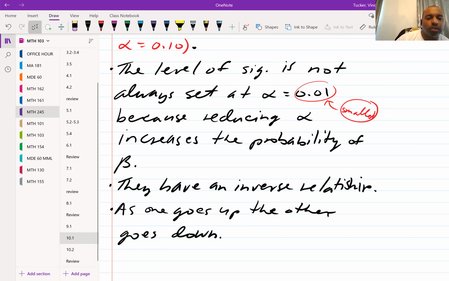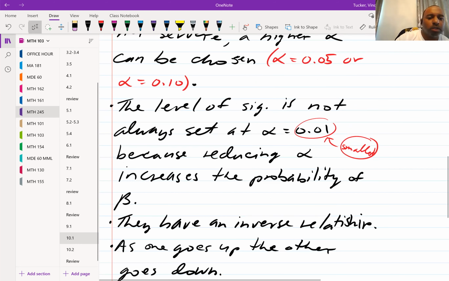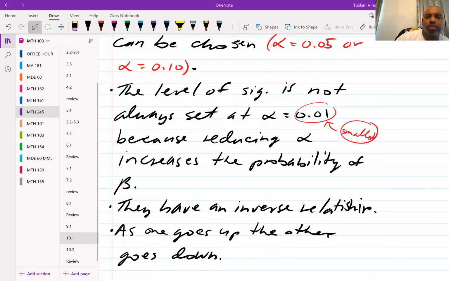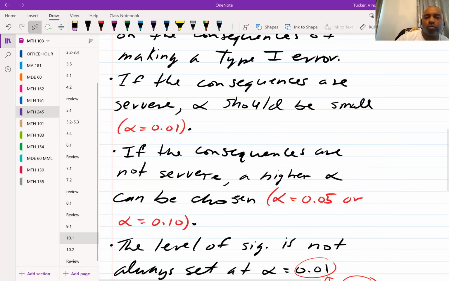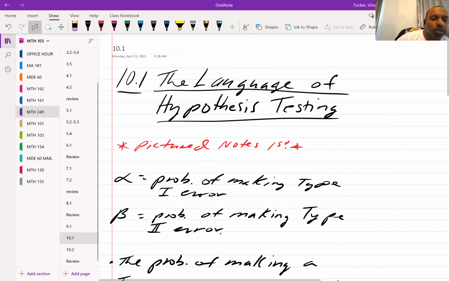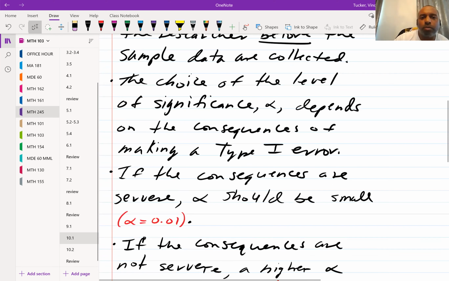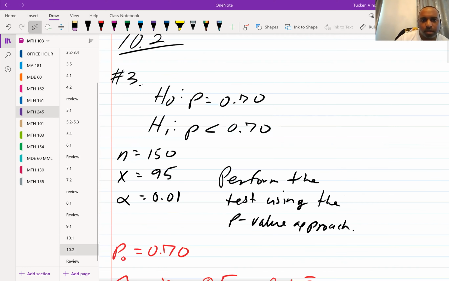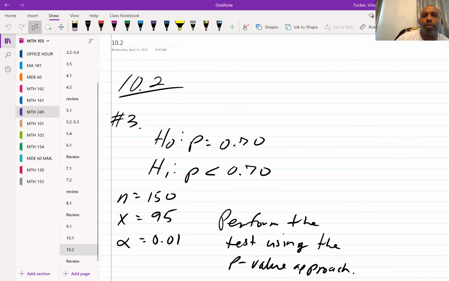Before we look at 10.2, is everybody good? All right, should be okay. Now 10.2. I'm going to do a few problems out of the 10.2 homework.